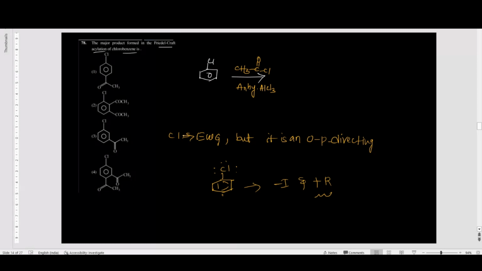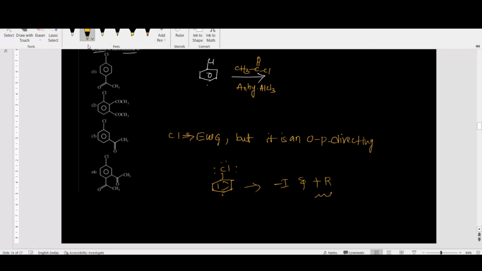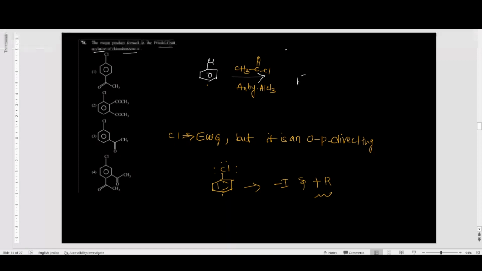So that's why it is an ortho para directing group. So it will substitute at the ortho position and para position, but the major product will be para, because there is less hindrance, right? So let me write over here. So I hope the reason is clear for you.